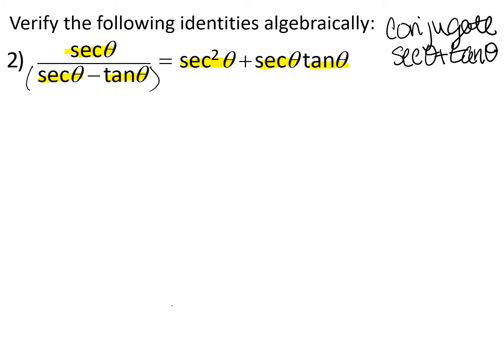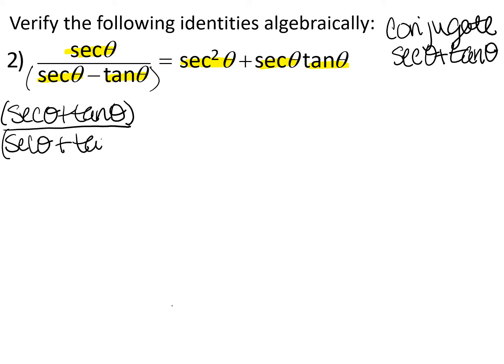So I'm going to take that first side here, secant theta plus tangent theta over secant. Remember, any time you multiply something to the denominator, you must do the same to the numerator. Keep the balance.